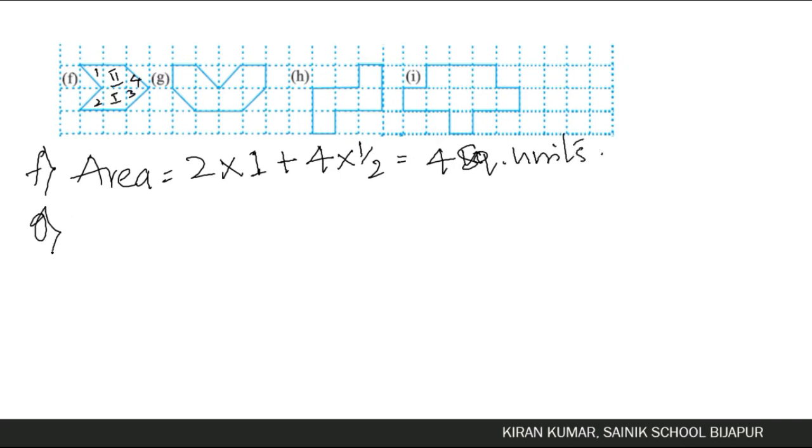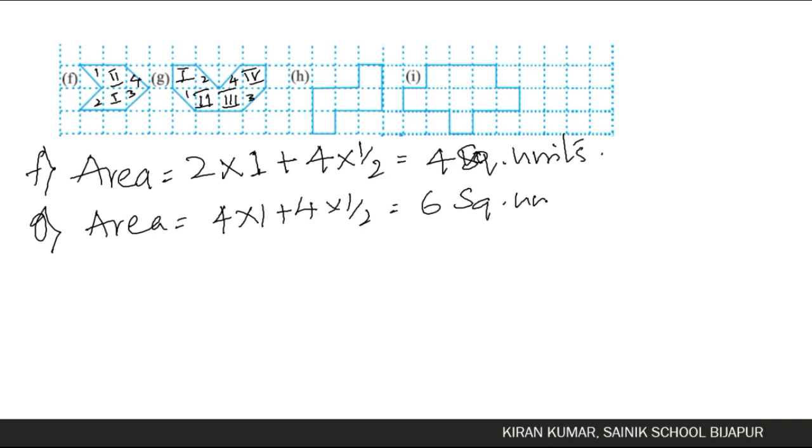Look at the figure G. Here 1 fully filled, 2 fully filled, 3 fully filled, 4 fully filled, 1, 2, 3, 4 half filled. So the area will be equal to 4 fully filled plus 4 half filled. We get it as 6 square units.